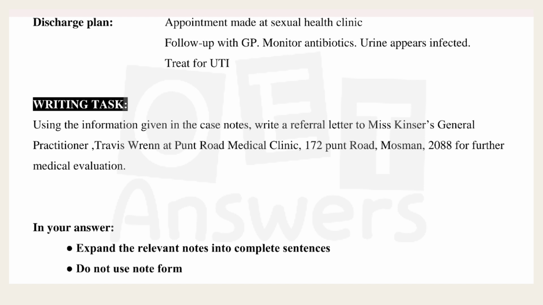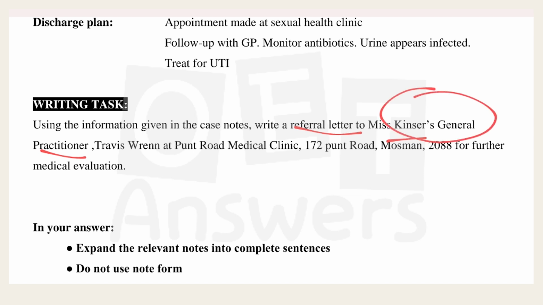Once you see the letter word, like discharge, referral or other things, don't immediately determine that it is that kind of letter. Try to read the entire task completely. The writing task includes: write a referral letter to Miss Kinser's general practitioner.